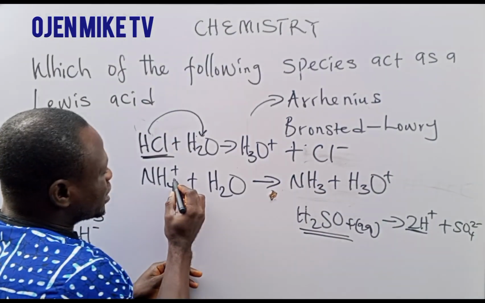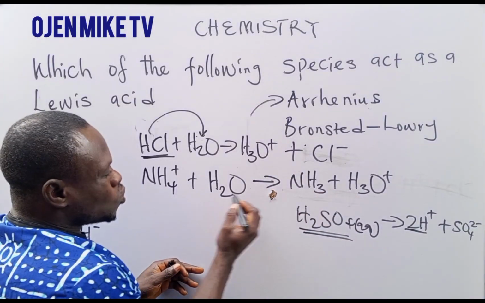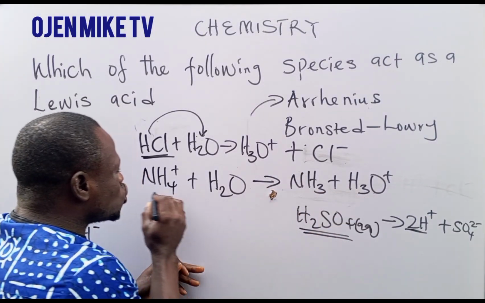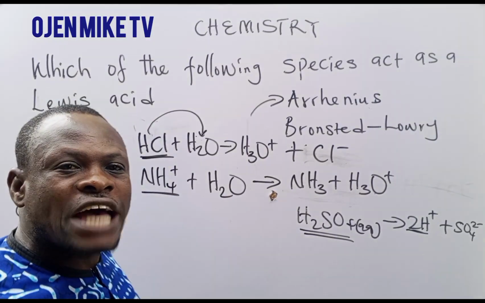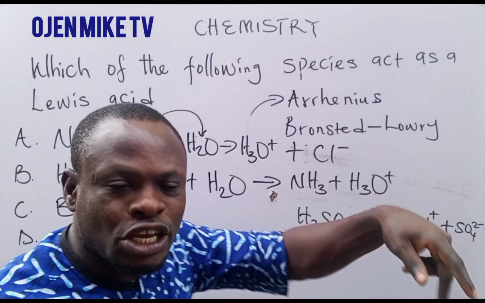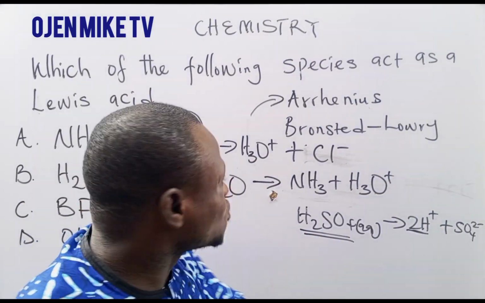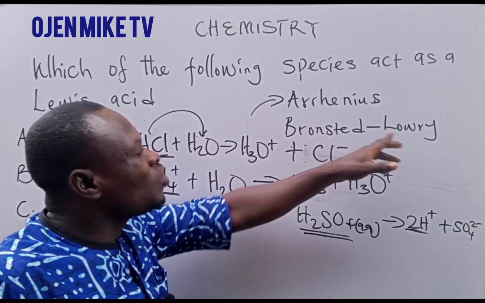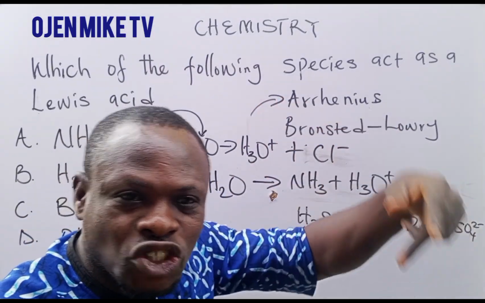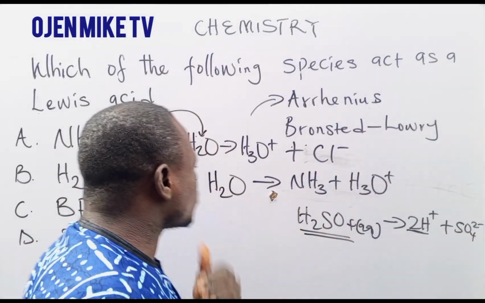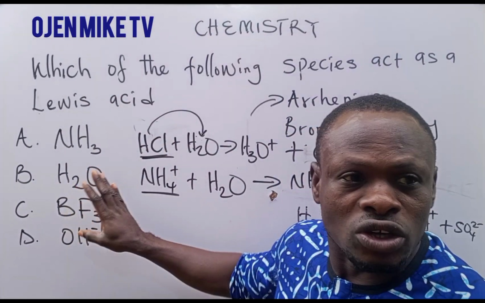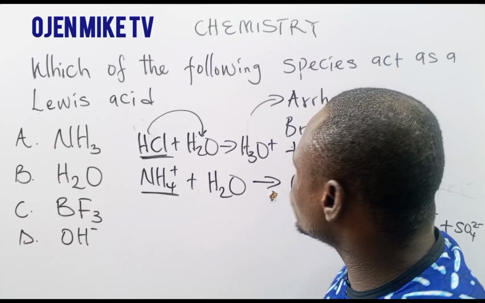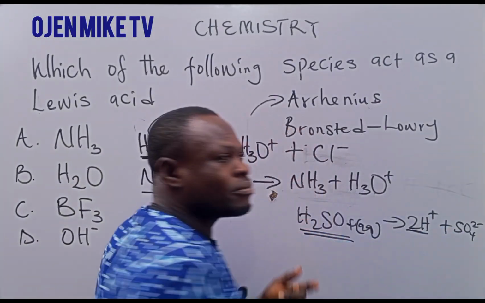The ammonium ion donates a proton to water to form a hydronium ion, so it is acting as an acid because it donates a proton. That is the Bronsted-Lowry definition of an acid. Among all these that I just mentioned, we have not gotten the answer yet. Now let's look at Lewis acid.